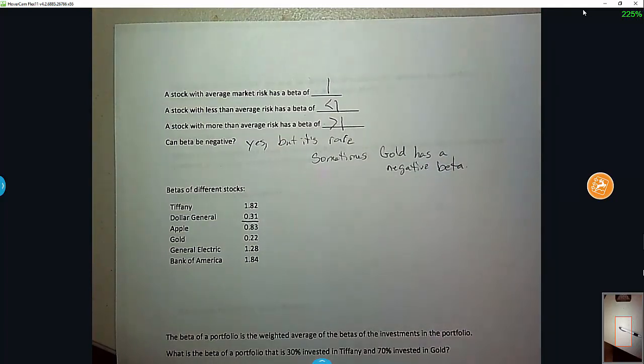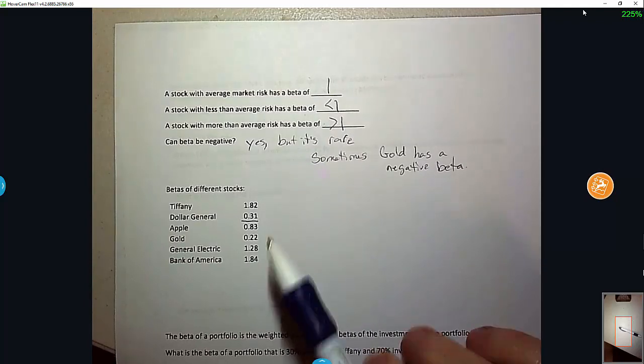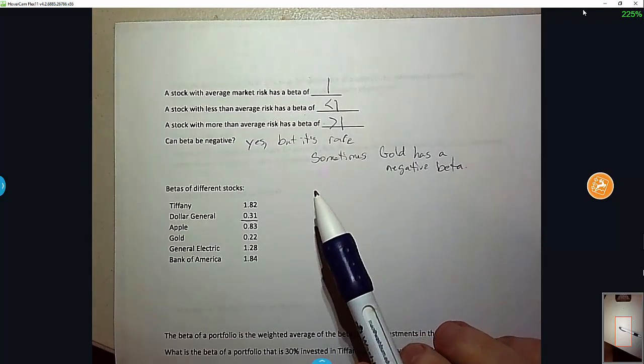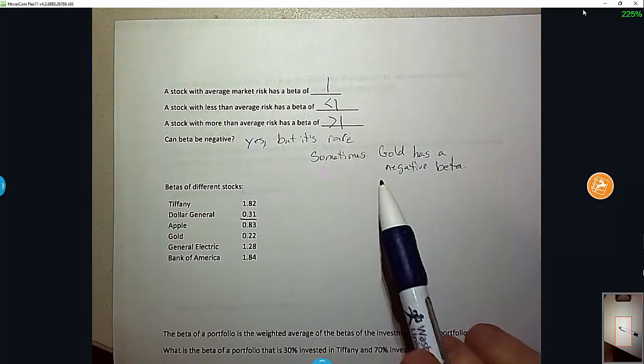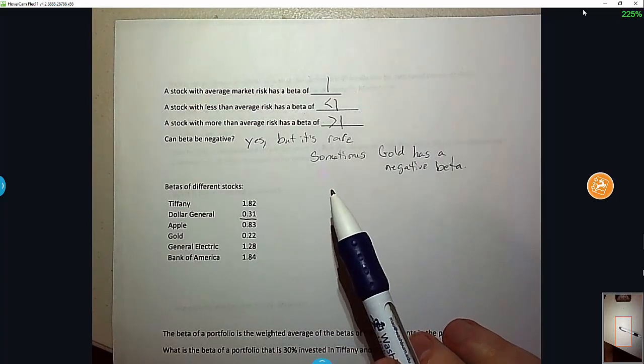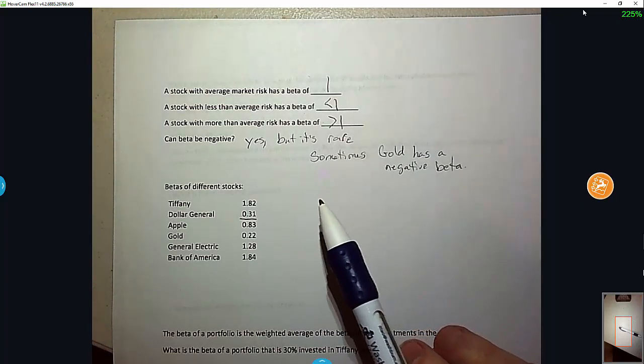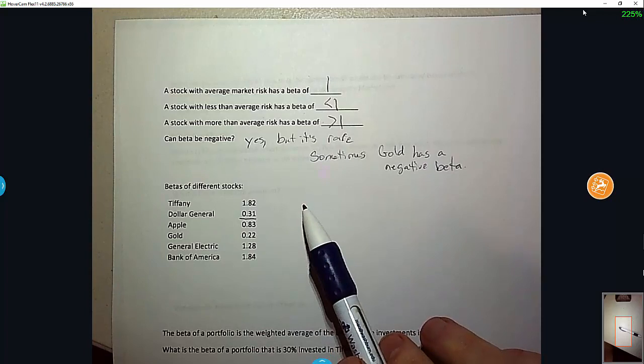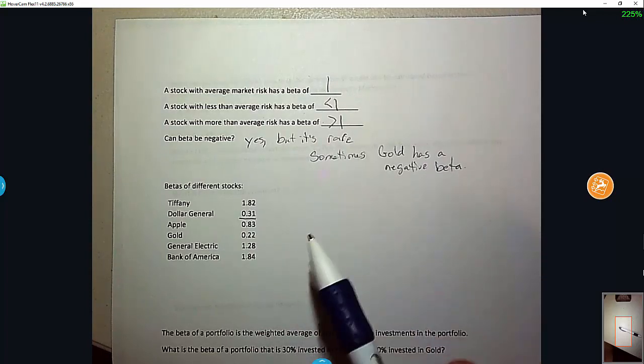At the same time, the stock market was bottoming out, so the returns for the market were going down, the returns for gold were going up, and at that time we got a negative beta. Now, it wasn't -1, but it was a little bit negative. So in general, it didn't move with the market, but kind of a little bit opposite of the market. So that can happen, but it's rare.